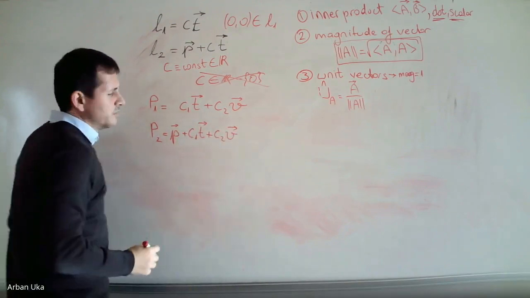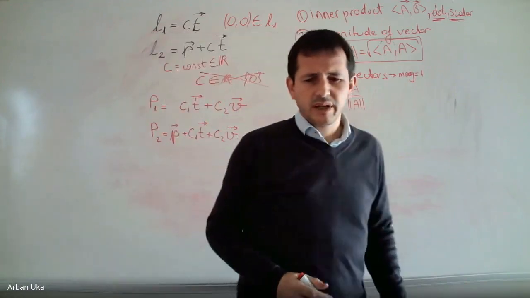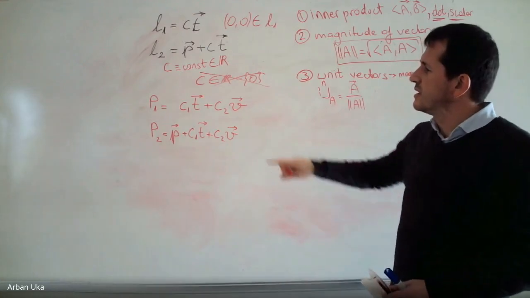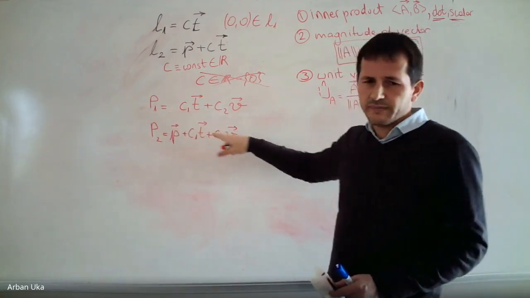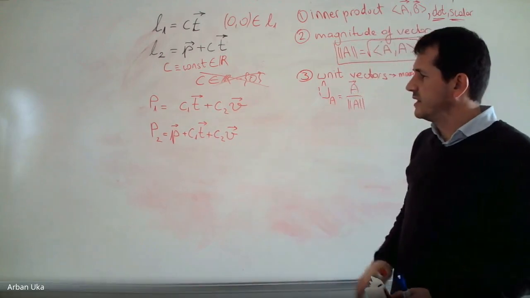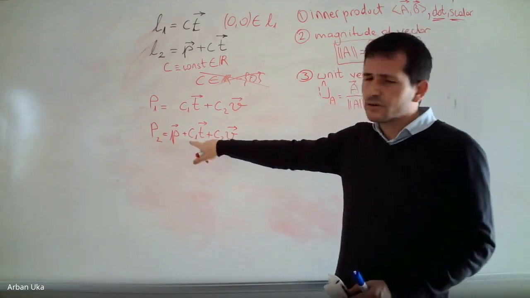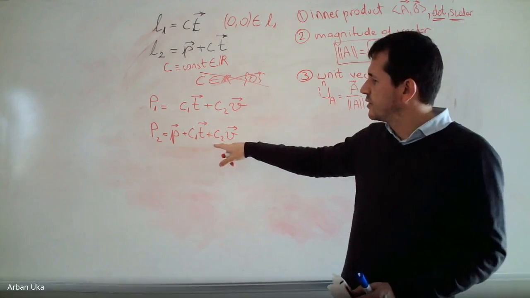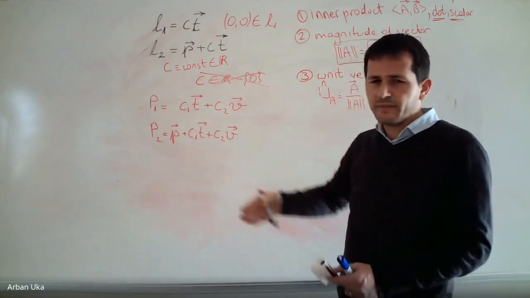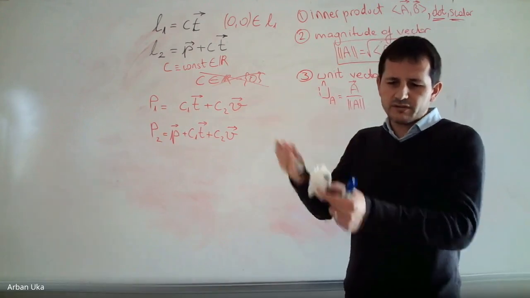In principle, we need two vectors to define a plane. Again, we can ask the same question: does this plane pass through the origin? We could say yes for P1, because C1 and C2 can both be 0, but P2 does not always pass through the origin, because this initial plane, which would be like P1, is just shifted by another vector.